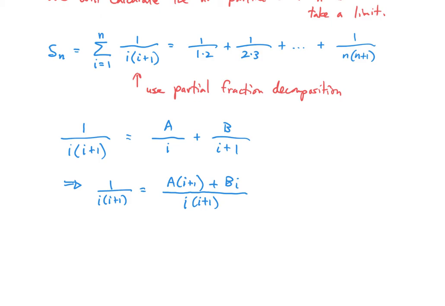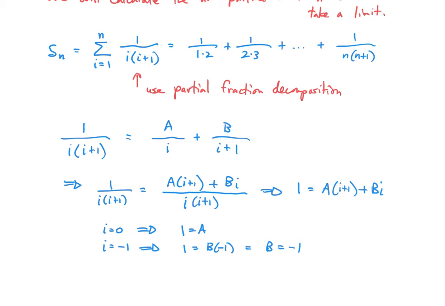So I can just equate the numerators: 1 is equal to A times i plus 1 plus B times i. I'm going to use the substitution trick. When i is equal to 0, that tells us 1 is equal to A. When i is equal to negative 1, that tells us 1 is equal to B times negative 1, which tells us that B is equal to negative 1.